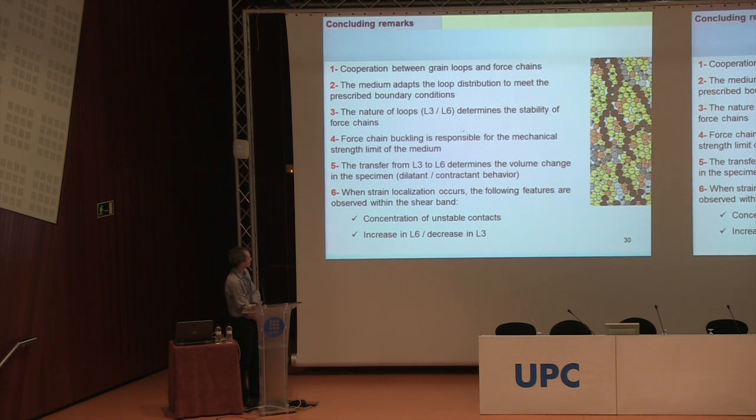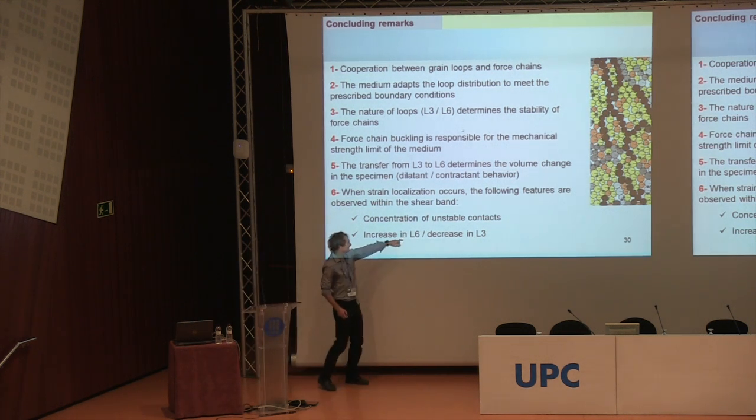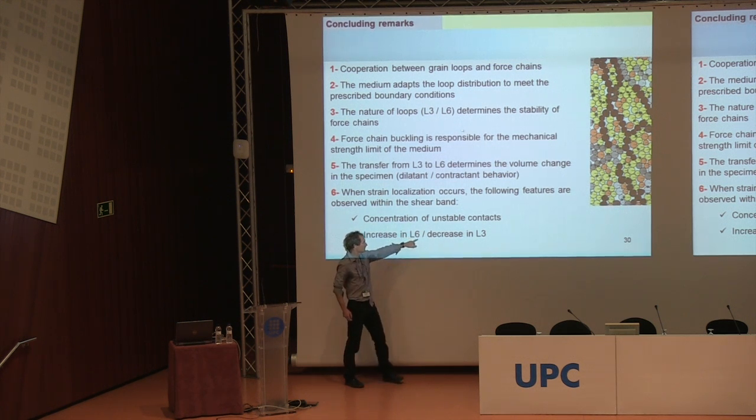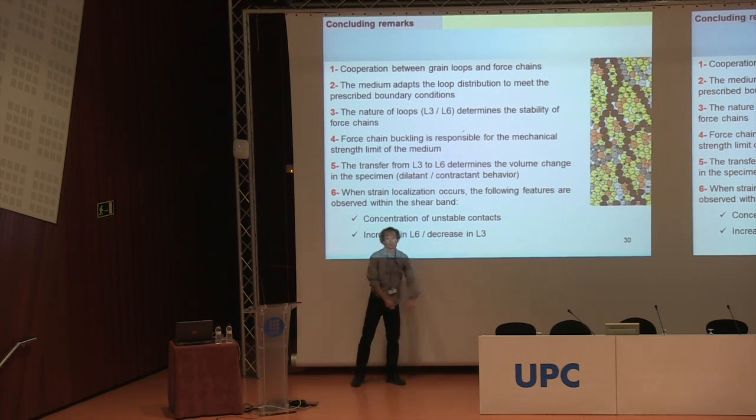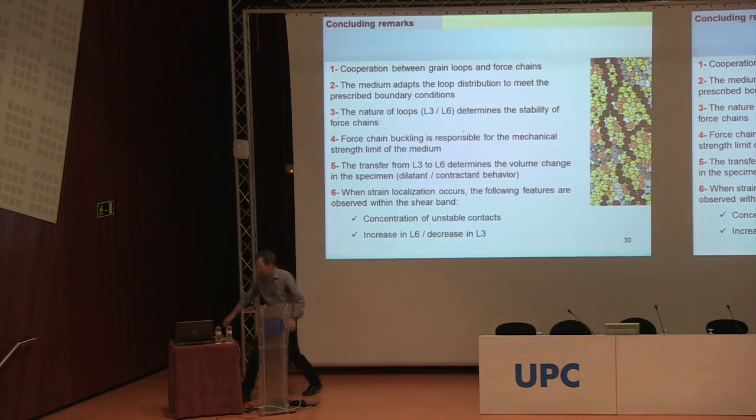And we know that the transition from L3 to L6 determines the volume change in the specimen. This is an important point. And when strain localization occurs, we have observed the following shear band. We have a concentration of unstable contacts within the shear band, and we have an increase in very dilatant, very loose loops, and on the contrary, a decrease in the very dense structures.